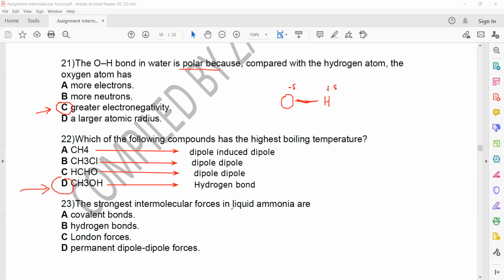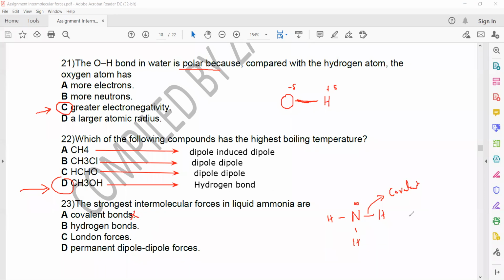The strongest intermolecular force in liquid ammonia is... A covalent bond is not an intermolecular force, it is intramolecular. In the case of ammonia, it is a simple molecule, so this is a covalent bond, and this is an intramolecular force, the force within the molecule. So that cannot be.